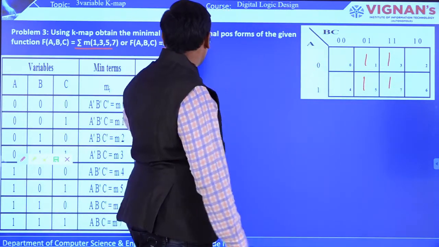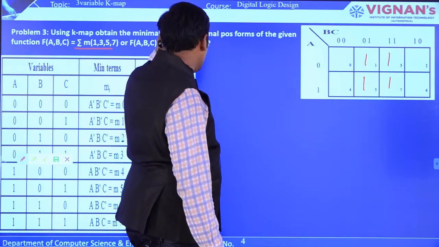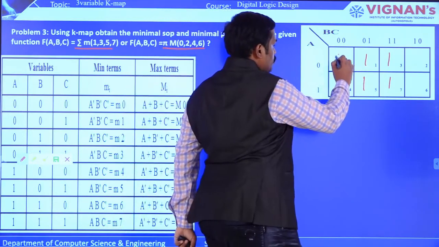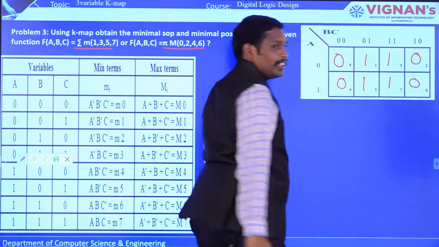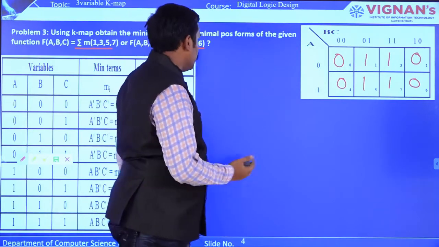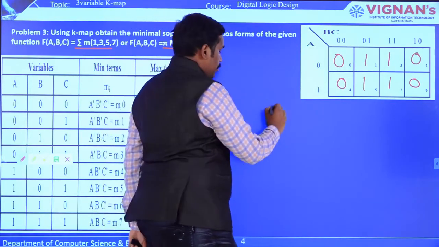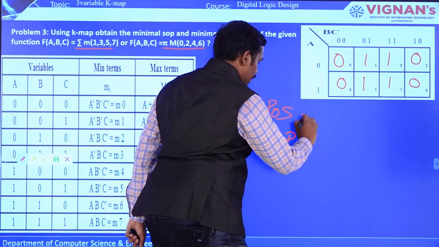And in the same way, the question can be given in such a way that the max terms are given. So 0, 2, 4, 6, because POS will represent with zeros, right? So now for this, the simplified POS as well as SOP, we are going to find out.